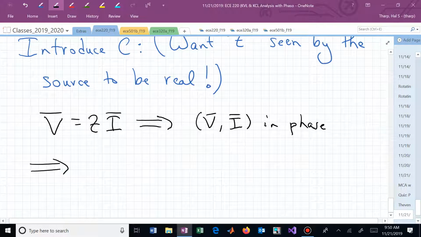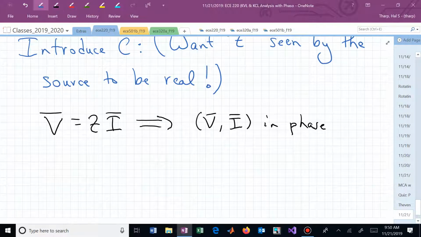Or we could say, the phase of V bar is equal to what relative to the phase of this ZI product? Can we make an expression for that? The angle of this voltage phasor is equal to what relative to the angle of ZI bar?